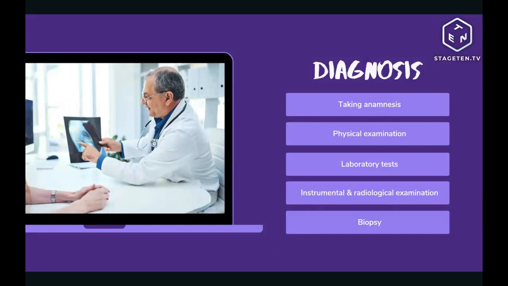And we really need to take care of the prognosis of this patient. Physical examination. For some cancers, for example, those that are localized in the breast, palpation would be enough to suspect any kind of malignancy or benign tumor.